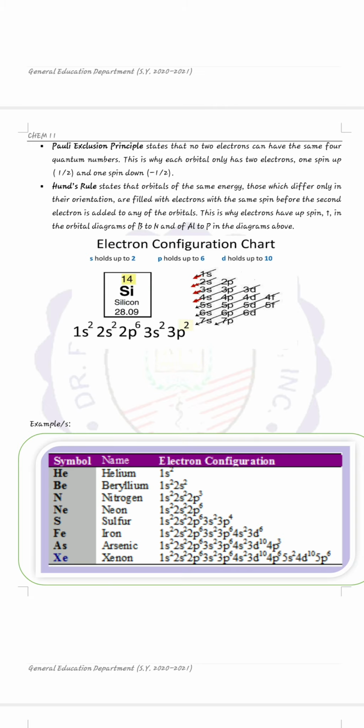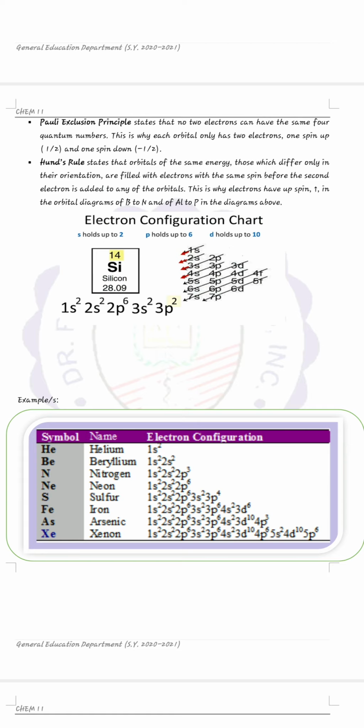Okay? Let's go now to the Hund's rule. Hund's rule states that the orbitals of the same energy, differing only in their orientation, are filled with the electrons with the same spin before the second electron is added to any of the orbitals. If the Pauli focuses on the electrons and the Aufbau focuses on the lower to higher one, Hund's rule naman focuses on the same energy.